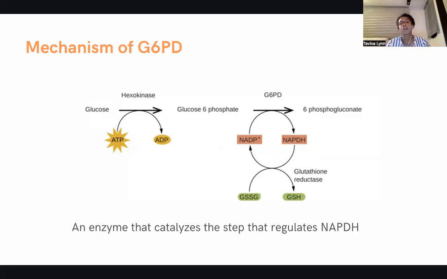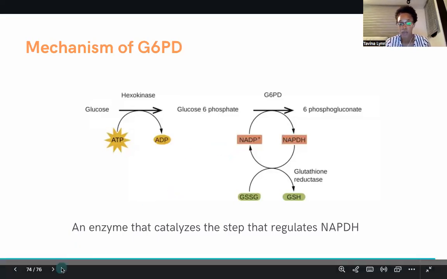This is important because this regulation of NADPH also regulates glutathione, which is an antioxidant that protects red blood cells and other cells from oxidative damage. So G6PD, right? This catalyst is also what will be considered a biocatalyst as well as a homogeneous catalyst.